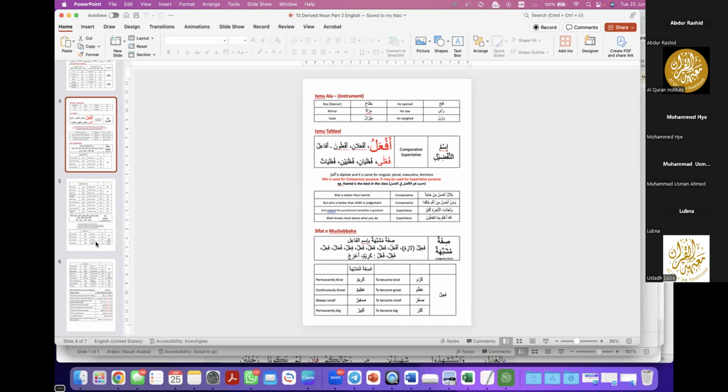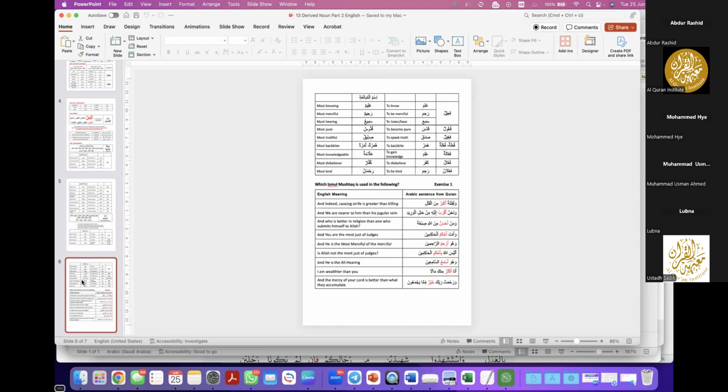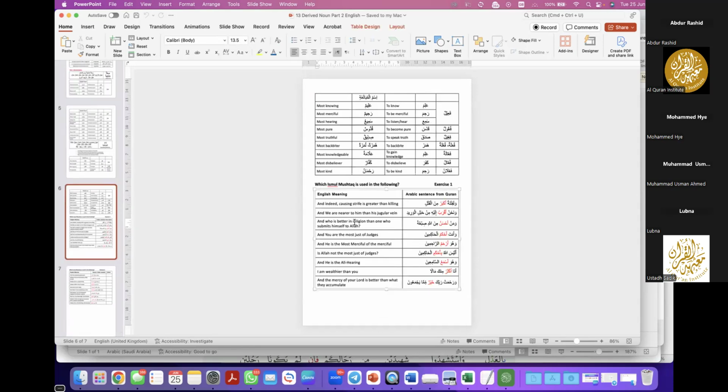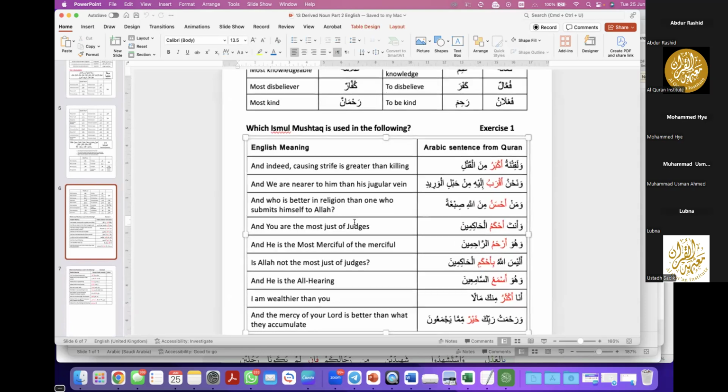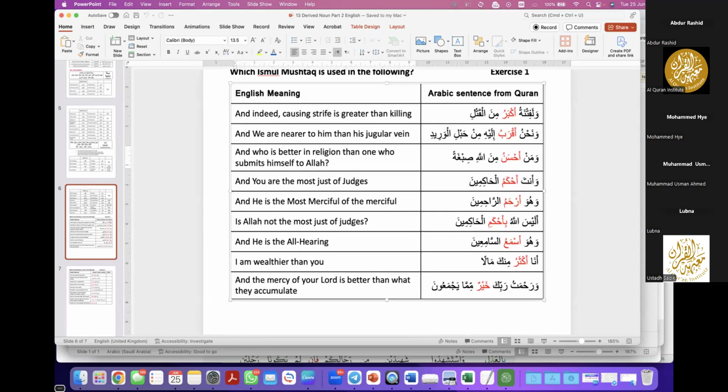Good. Right, that's one. And then I have a few examples here. Can you zoom in, please? Can everybody see this? So Sadiq, you read it and explain the word already highlighted.